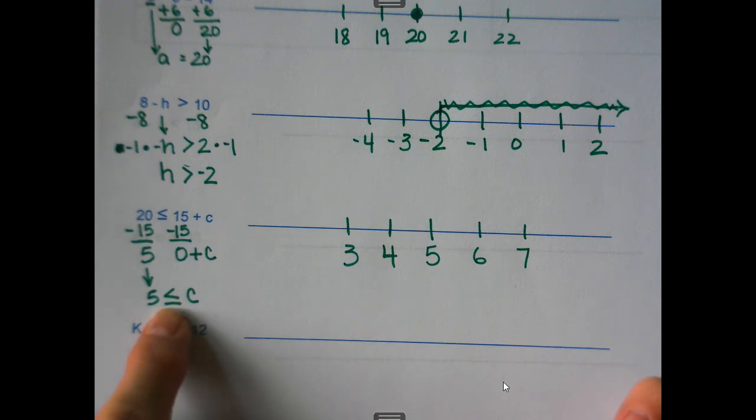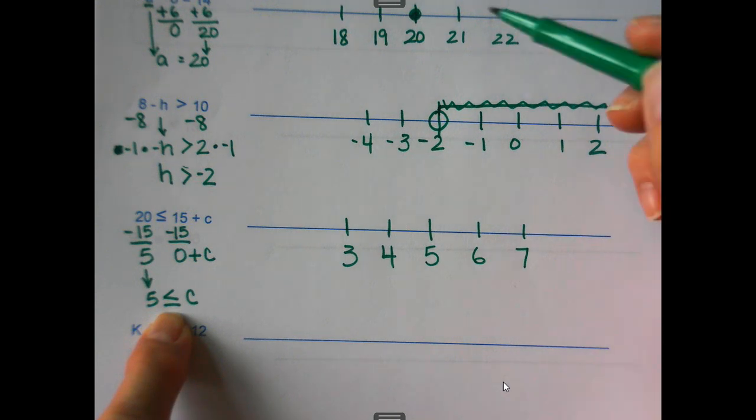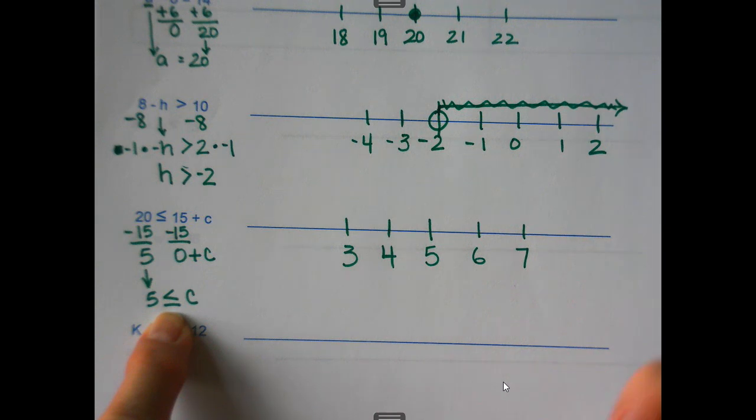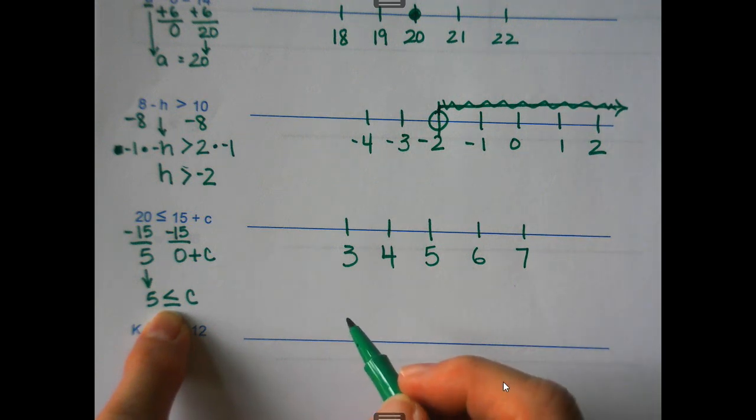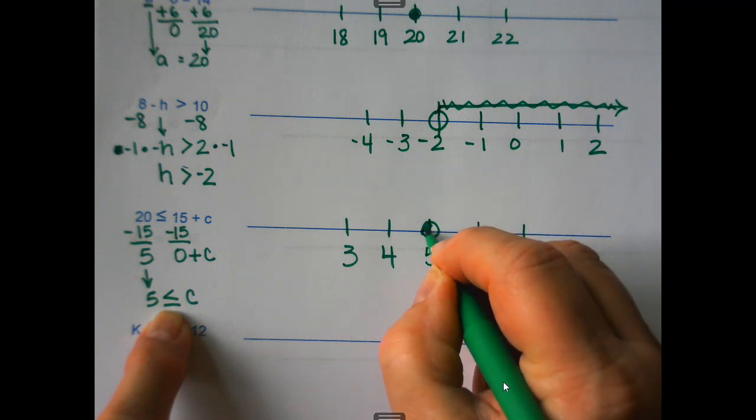And if this is less than or equal to, this is where it gets kind of complicated. But it's going to combine these two things up here. We're going to remember that when I have an equal to, I shade it in, okay?